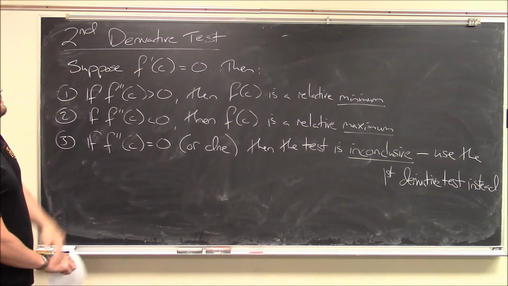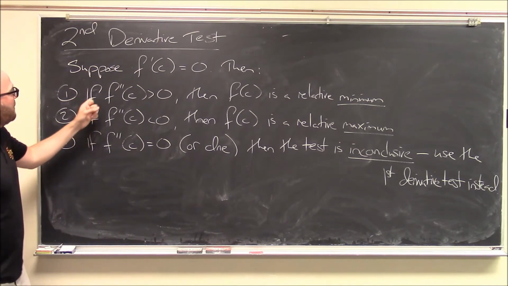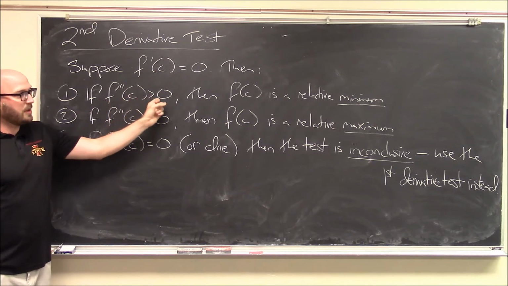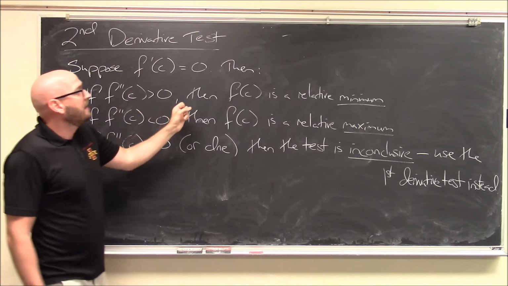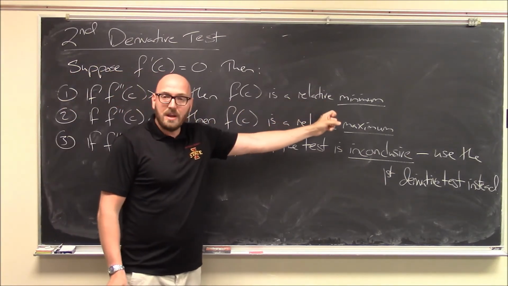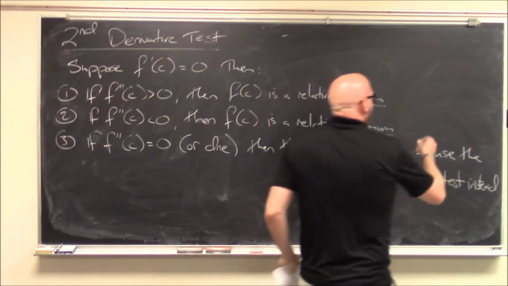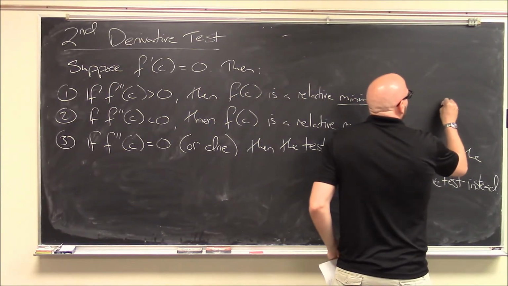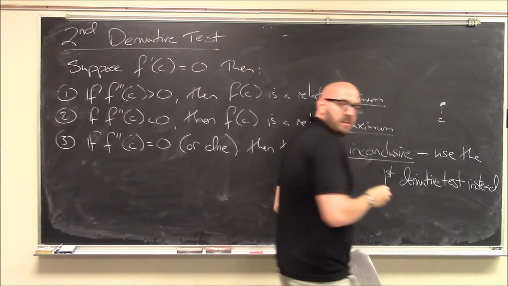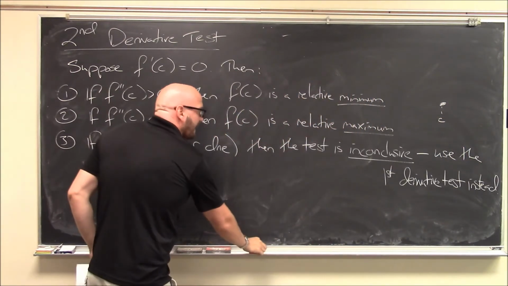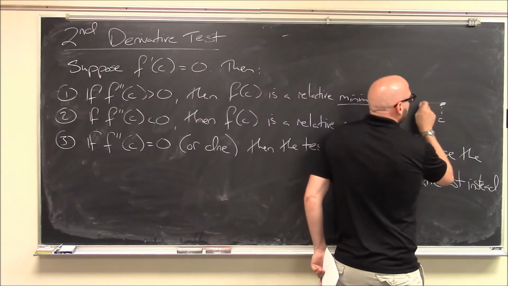So suppose I have a critical number, c. If my second derivative at c is positive, then I can classify this critical number: I have a relative minimum at c. Why is that? Well, here's x equals c, and I know the tangent line at c is horizontal because my derivative here is 0.